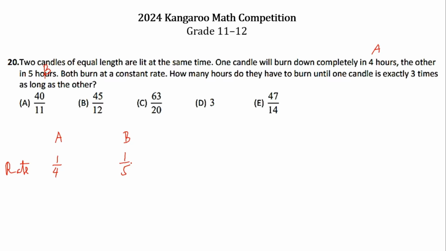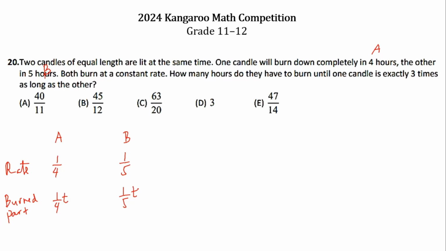Let's say burned part, or the part that is gone. So that's 1/4 T. The other one is 1/5 T. Since the two candles are of equal length, we can just assume that candle A has a length of 1 unit and candle B also has a length of 1 unit.